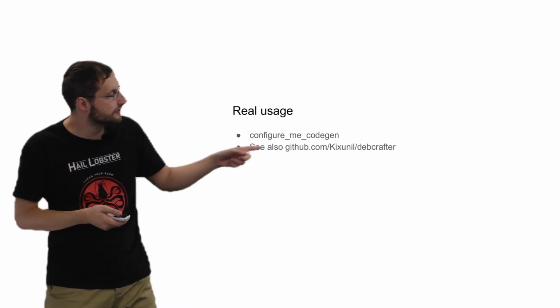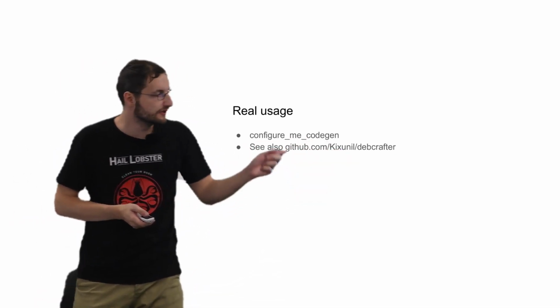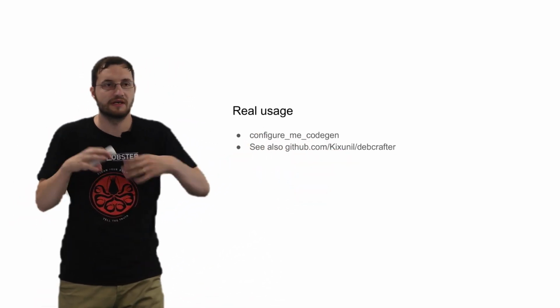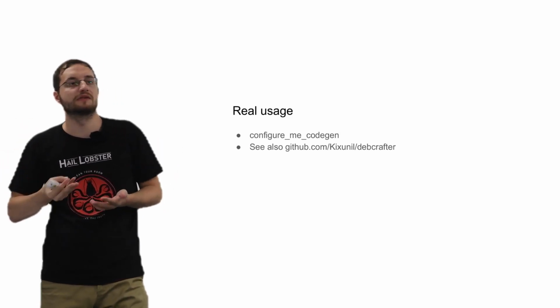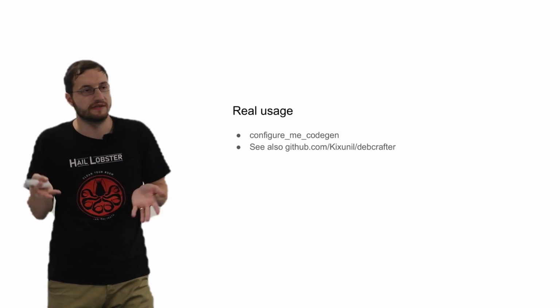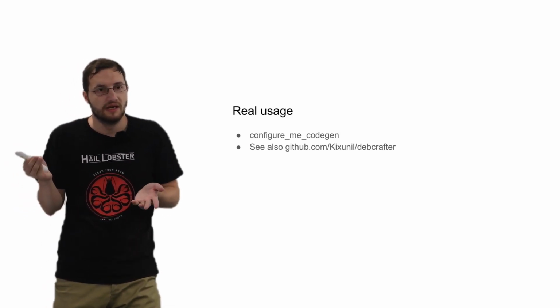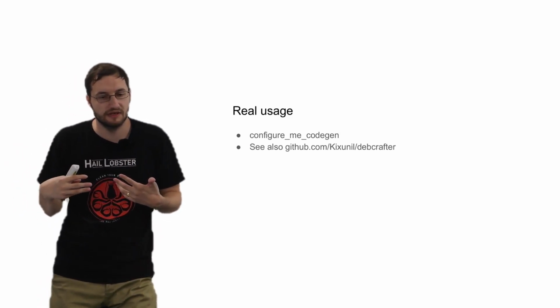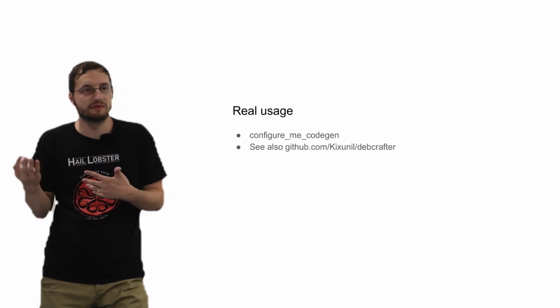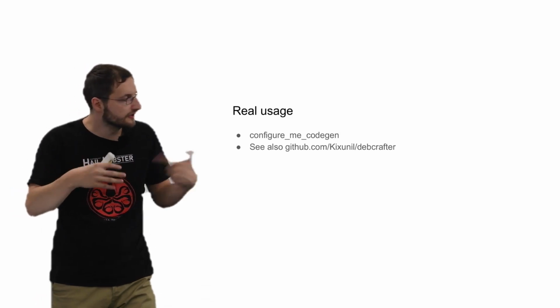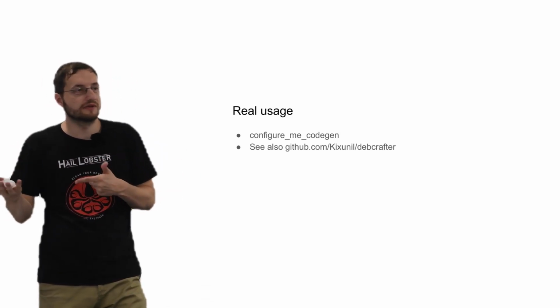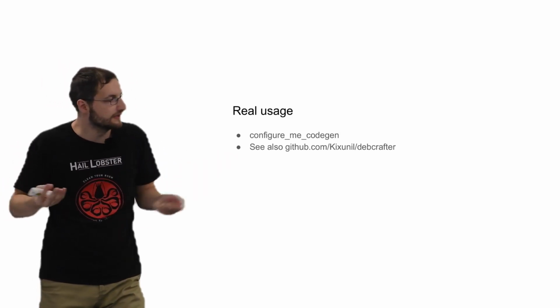So this is used in the configure_me code generator. The crate configure_me consists of two crates. The configure_me crate, which is basically just the facade for some other crates. And there is the code generator crate, because you have to use the build script to generate the code, of course. So you include the generator crate from the build script. And this generator crate has this feature.